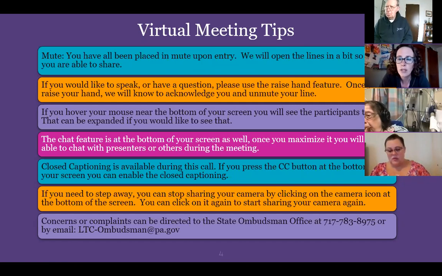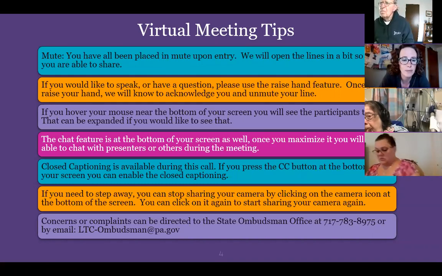If you hover your mouse near the bottom of your screen, you'll see the participants pane. You can expand that if you'd like to see who all is in the call with us tonight. The chat feature is at the bottom of your screen as well. Once you maximize that, you'll be able to chat with the presenters and ask questions during the meeting as well.